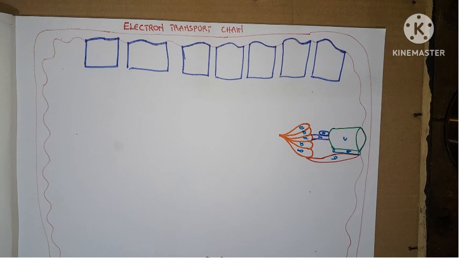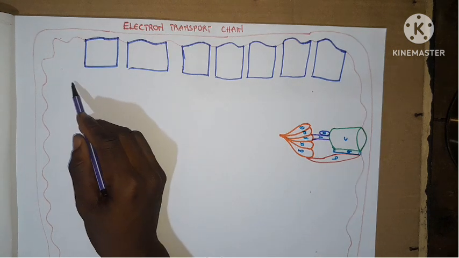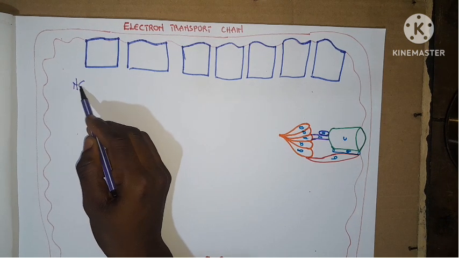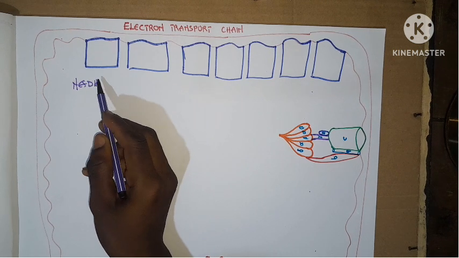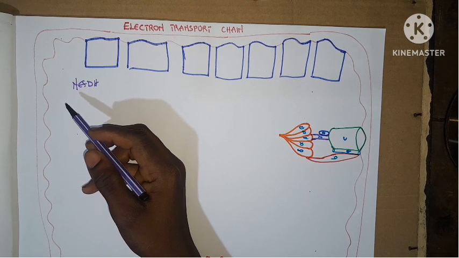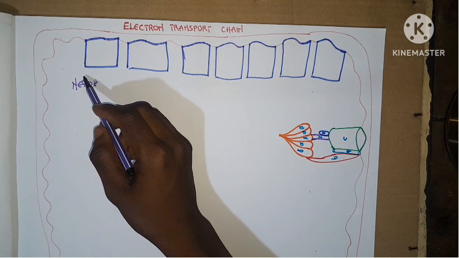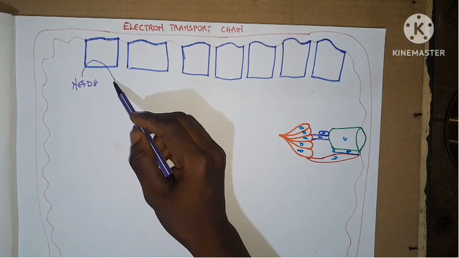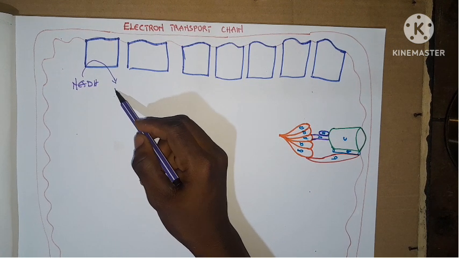Now we have NADH, and this NADH will react with the first part of the electron transport chain to oxidize the NAD plus. So this is what is going to happen. We have NADH here, and it's going to react with the first part of the electron transport chain to give us NAD plus.